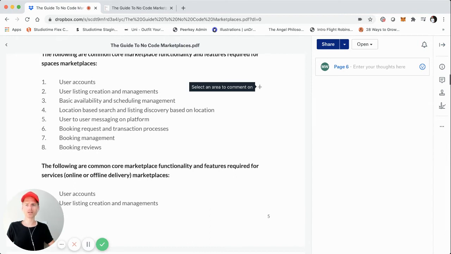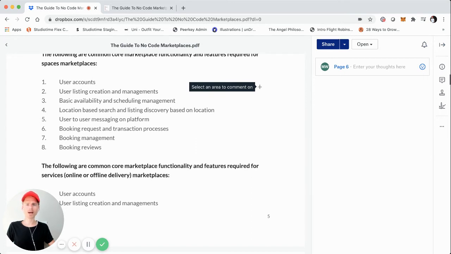Let's run through a use case on this. In Studio Time, a studio user signs up, has a user account, and is able to create a listing, or multiple listings, and manage them. They can indicate availability on the studio and manage that, which of course makes booking requests easier. Typically, they have location-based search and some kind of discovery through the marketplace.